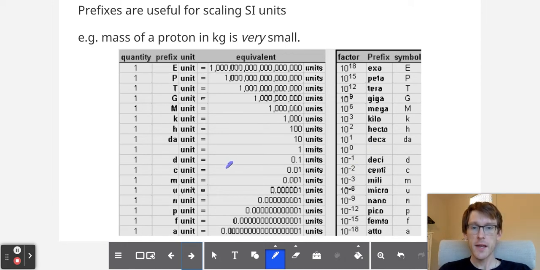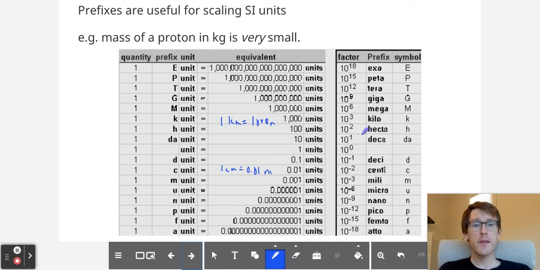I can say that 1 centimeter equals 0.01 or 10 to the negative second meters. That's what that would mean. And I would also know that 1 kilometer is equal to 1,000 meters. That's what that 1,000 here means.